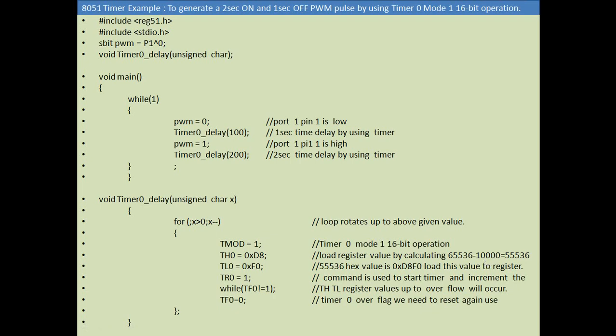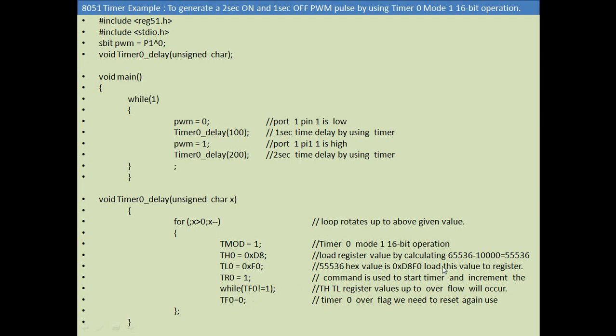We are using a 12 megahertz clock frequency, so each count takes 1 microsecond. 10,000 into 1 microsecond will generate around 10 milliseconds. This loop will rotate 100 times, that means 100 into 10 milliseconds generates a 1 second delay.